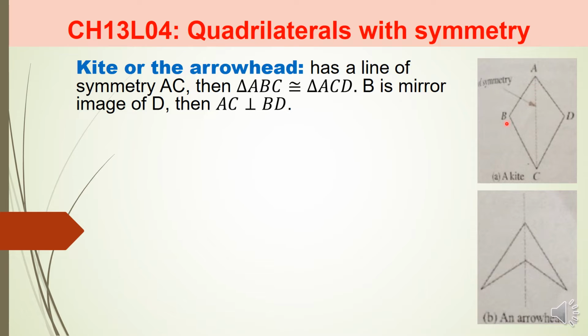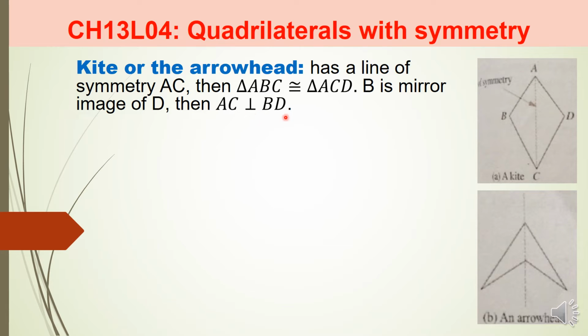Triangle ABC and triangle ADC are congruent. Point B and point D are symmetric points with respect to the line AC. So we can conclude that diagonal BD is perpendicular to diagonal AC.